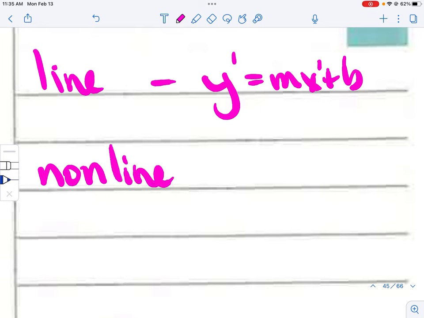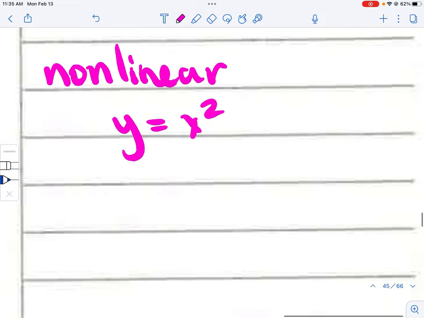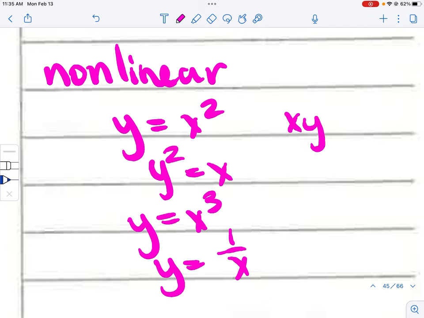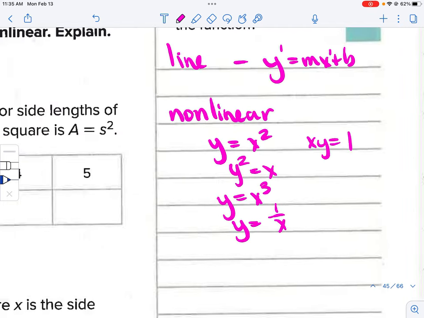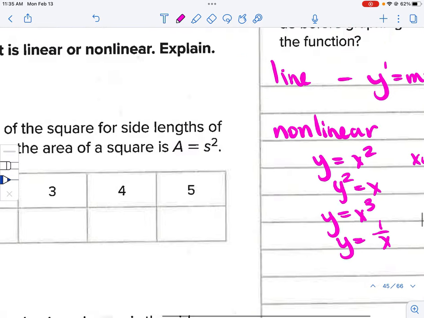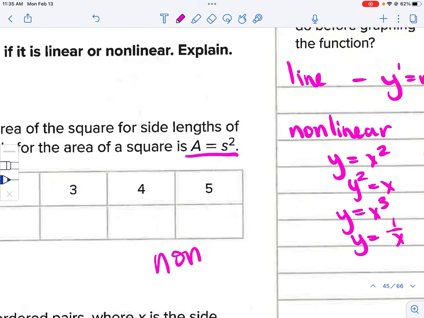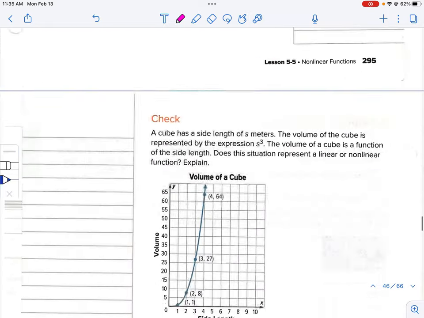Nonlinear are going to be things like this, or this, or this. So, if you see an equation that looks like something like that, that would be nonlinear. So if I look at this right here, that means it's going to be nonlinear. Okay, that's all we did in that section.